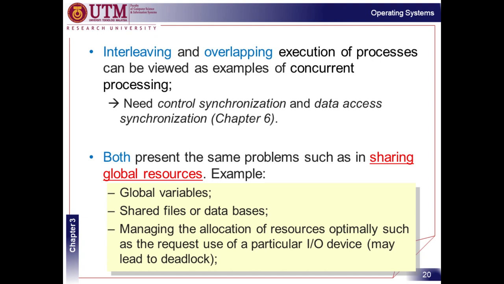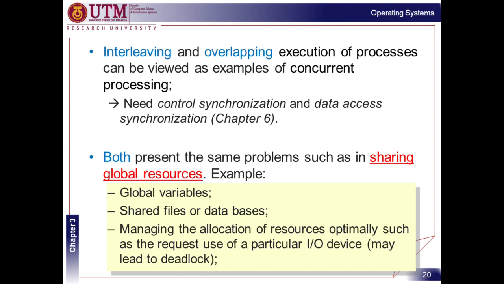One of these challenges is how to control the synchronization and coordination of concurrent processes. For example, we need to ensure that processes do not interfere with each other's execution or access to shared resources. We will cover this topic in more detail in Chapter 6.